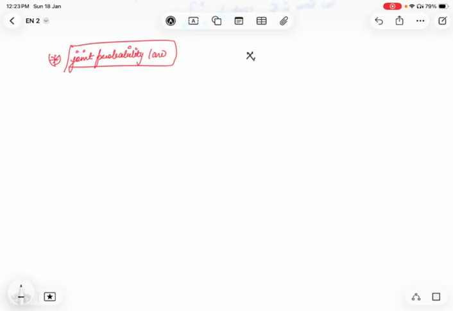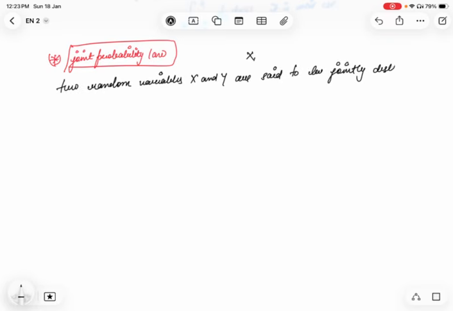Okay, so when we talk about the joint probability law, two random variables x and y are said to be jointly distributed if they are defined on the same probability space.